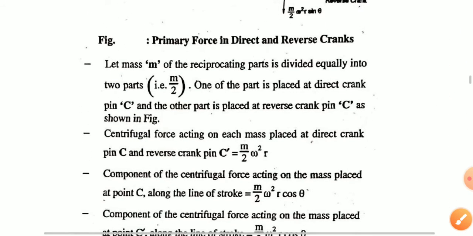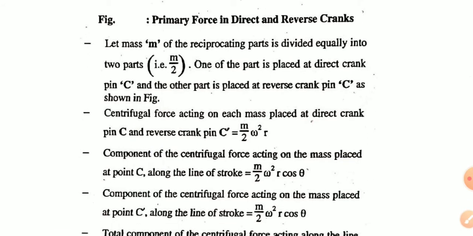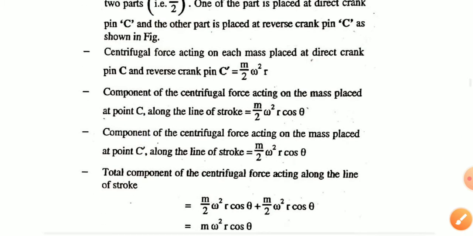Now let the reciprocating mass m be divided into two parts. One part is placed at the point C and another part is placed at the reverse crank point C dash. The centrifugal force at the direct crank will be equal to m by 2 omega square r.